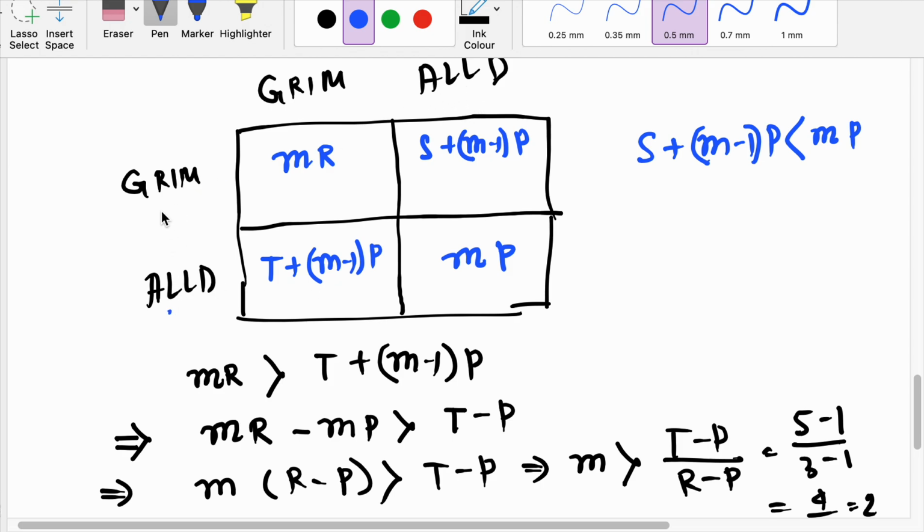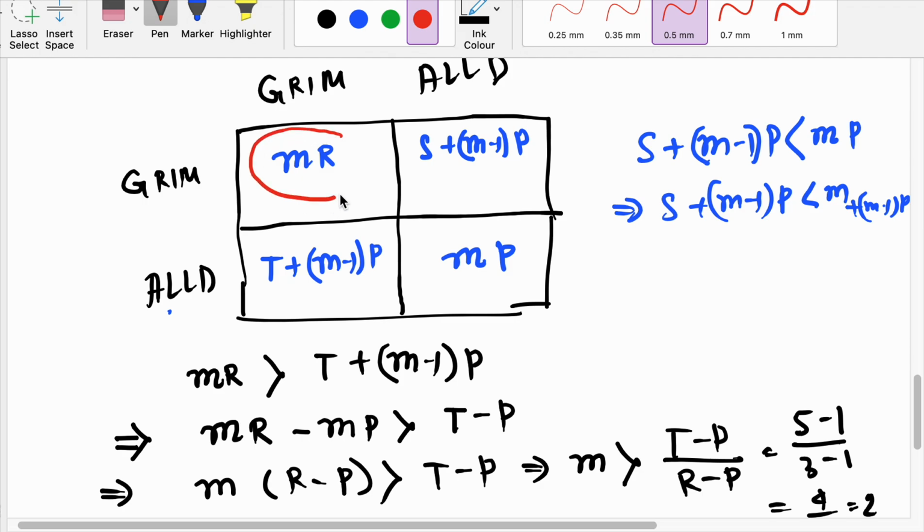I should not play Grim at all. So here there are two Nash equilibria or two evolutionary states: one is where all individuals are playing Grim, and the other where all individuals are playing Aldi.